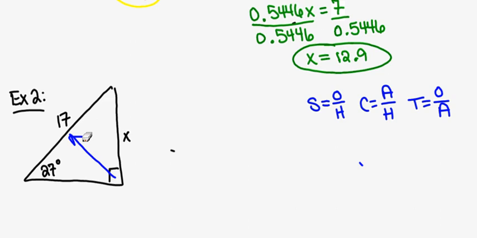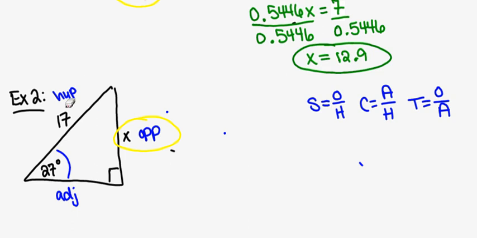I've got 17, which is my hypotenuse. The side opposite that 27-degree angle is x, making this bottom piece the adjacent. So it looks like in this question, I've got the hypotenuse and the adjacent. Sorry, the hypotenuse and the opposite.